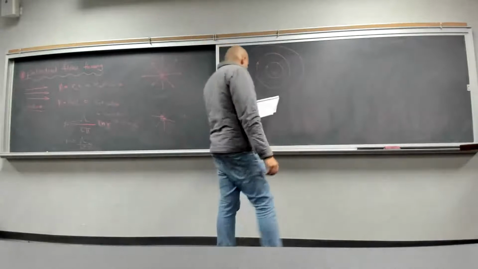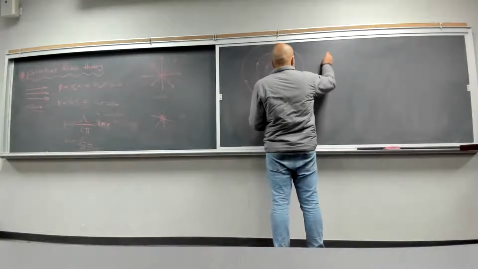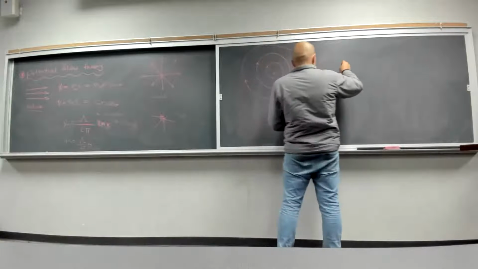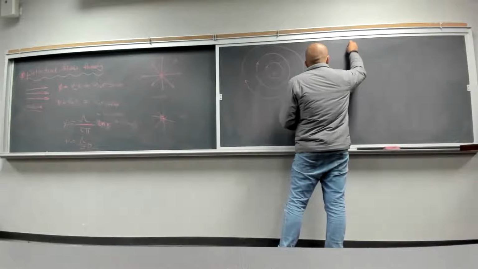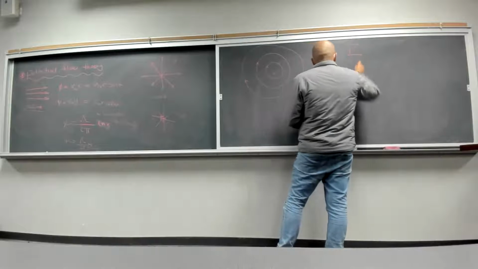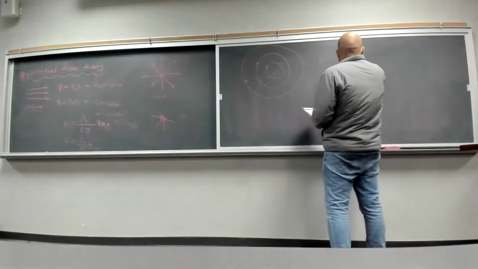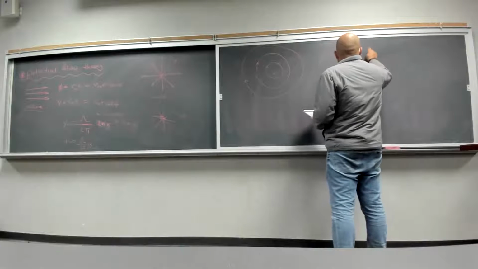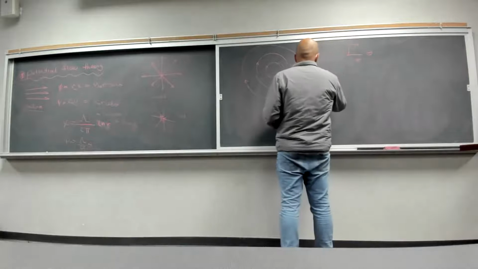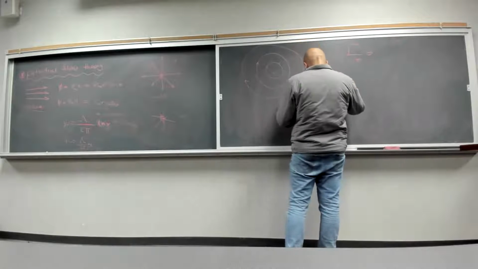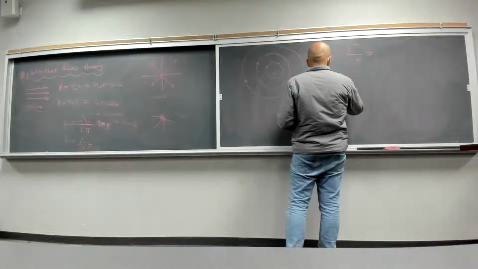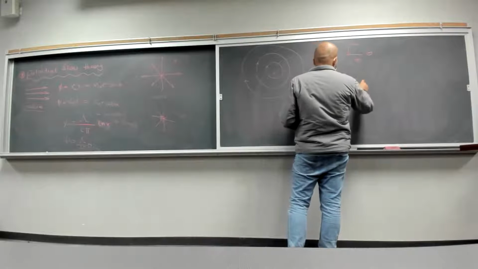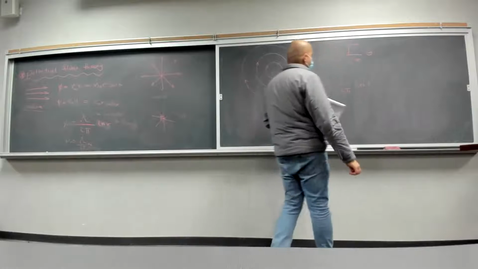Your phi for a vortex flow is going to be equal to what? Negative gamma divided by 2 pi theta, and your psi is going to be equal to gamma divided by 2 pi natural log of r.